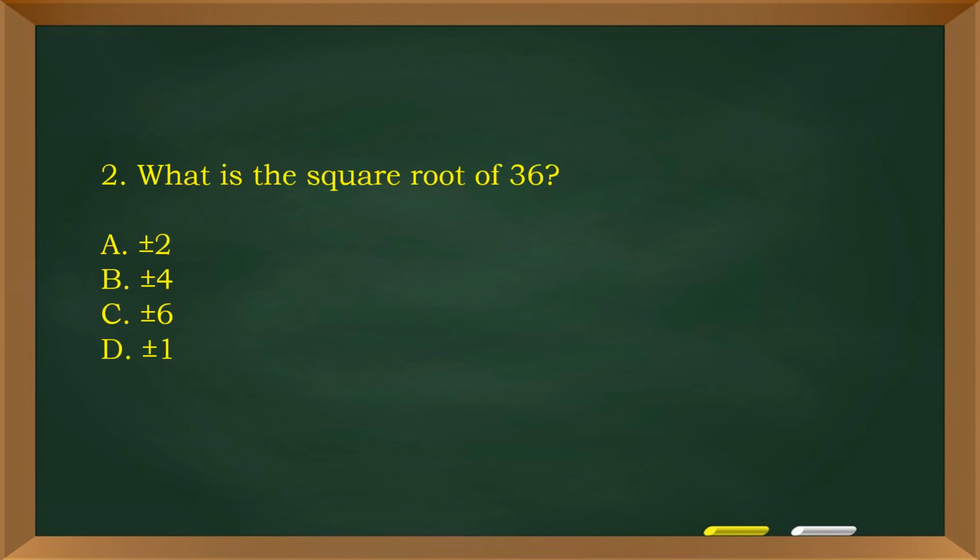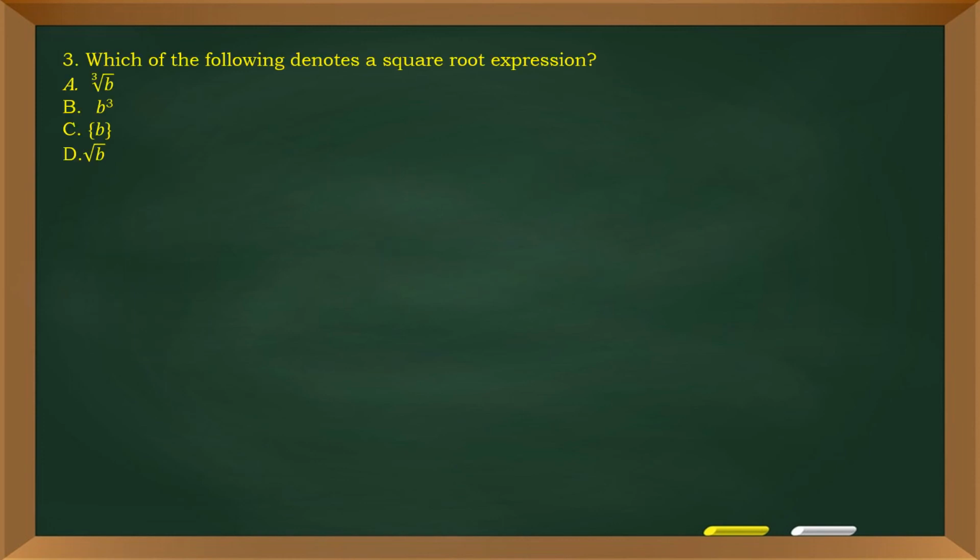Another question. What is the square root of 36? Think of a number that when you multiply it by itself, the result is 36. The answer is 6, but not simply 6, but positive and negative 6. So our answer is letter C. Next question. Which of the following denotes a square root expression?